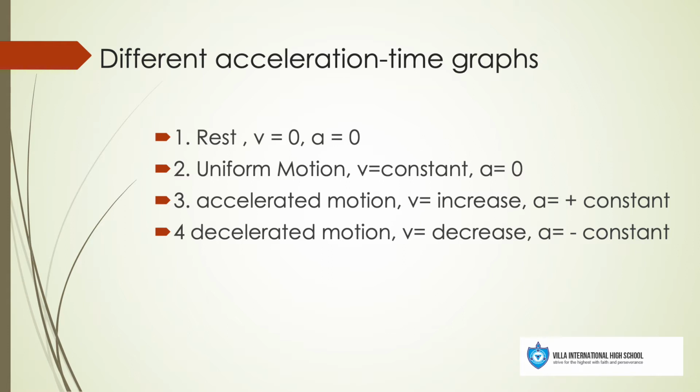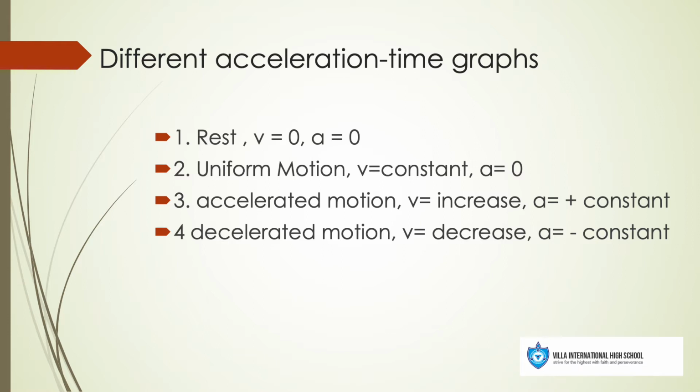You remember we are discussing uniformly accelerated motion. That's what I wrote. Acceleration is a positive constant. Positive means the velocity increases, or it is accelerating. The fourth situation, decelerated motion, means uniformly decelerated motion.